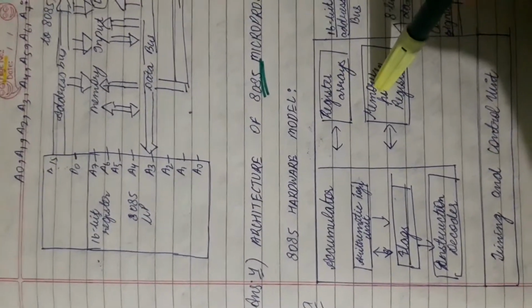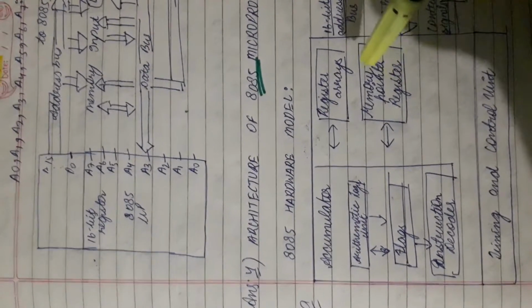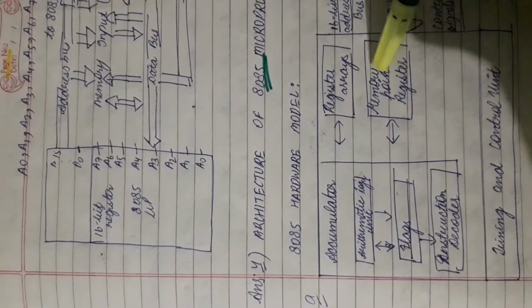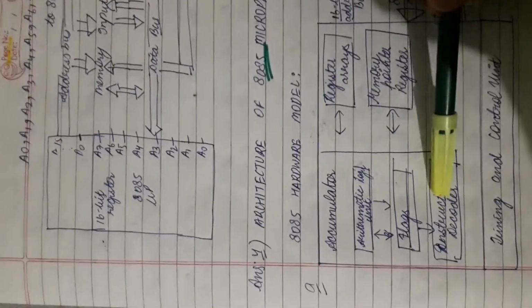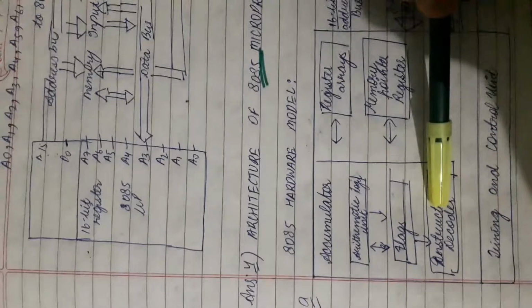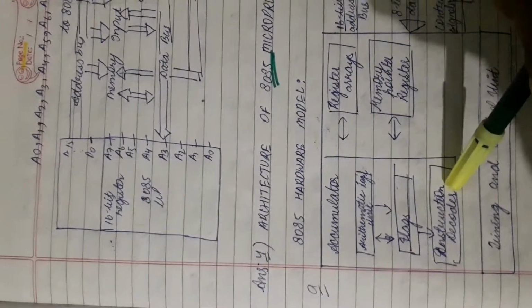Then it comes to the memory pointer one by one. The values from the memory pointer go into the accumulator, the whole processing is done, and then finally we get the machine language.